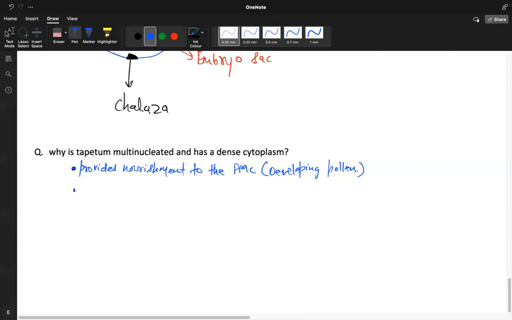And since it is multinucleated, there are increased levels of protein translation. That makes the cytoplasm dense. Okay, cool. That's a good question.